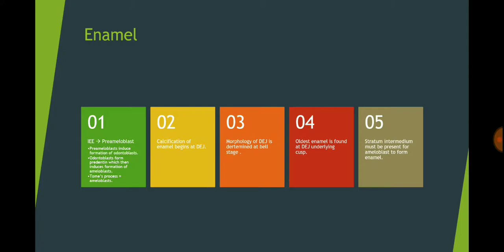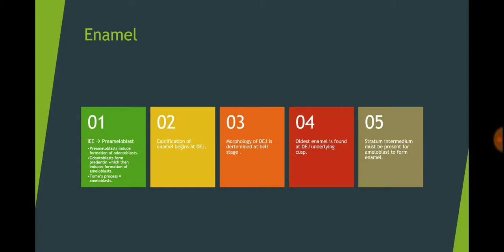Okay, the oldest enamel is found at the DEJ underlying the cusp. That's another important point that you have to remember. Where do you find the oldest enamel? At the DEJ underlying the cusp.